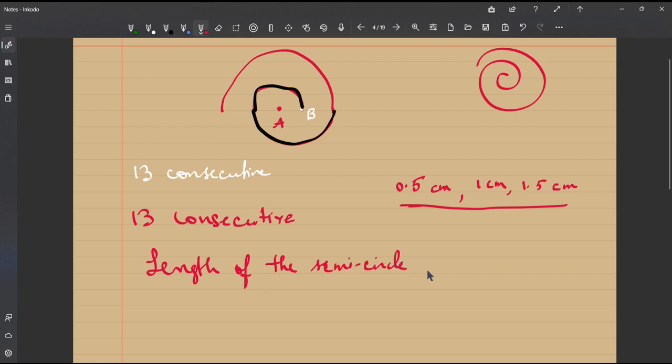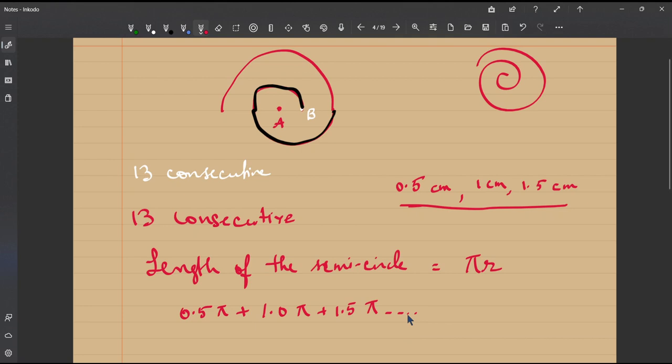So the length of the semicircle would be equal to pi into r. So you will have to add up all the successive lengths of these semicircles, which is pi into 0.5 centimeter, or 0.5 pi plus 1.0 pi plus 1.5 pi till 13 semicircles, right?